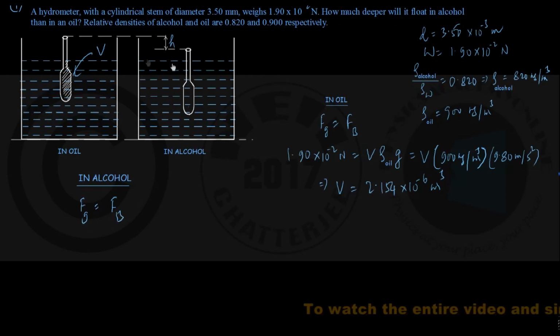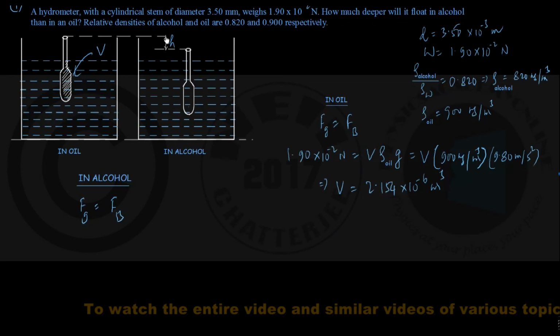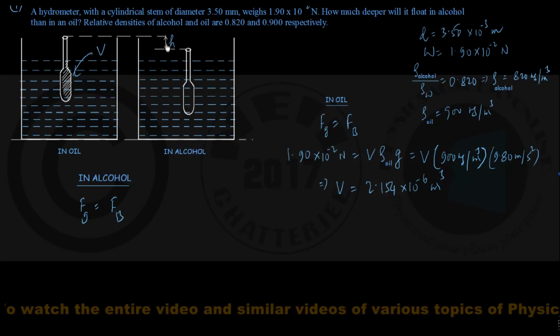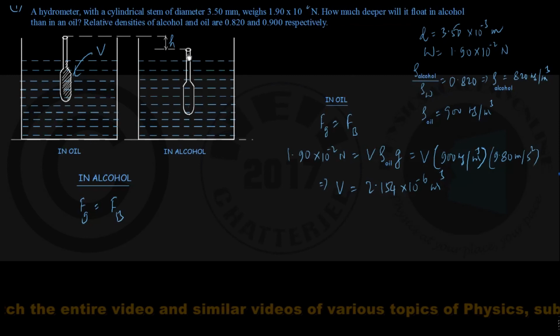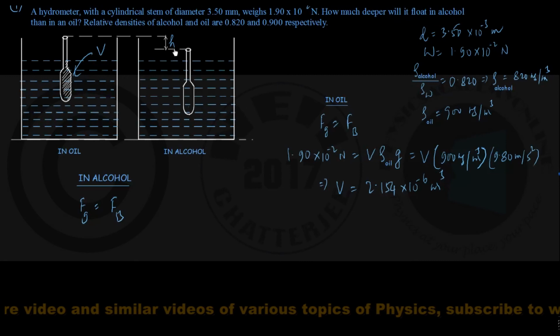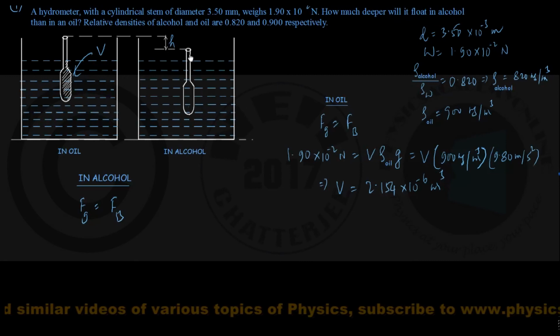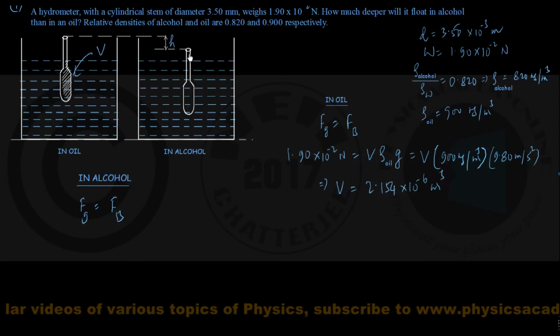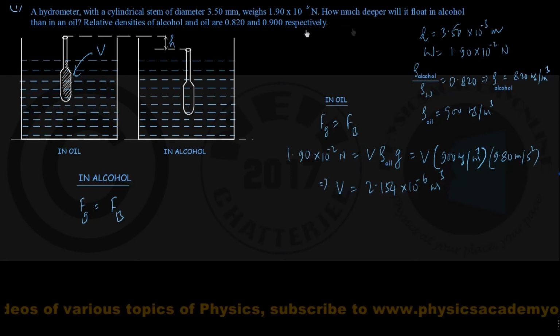But this time if you compare these two figures, you can see since alcohol's density is less than oil, the hydrometer has dipped further into the liquid, and this amount of dipping is taken to be H, say. Remember, this is the stem part only going down further. So if we compare these two figures, this is the extra portion, that is a portion of stem of cross-sectional area of diameter d.